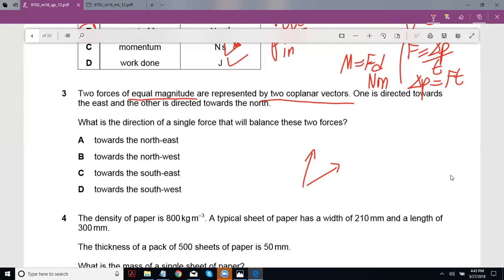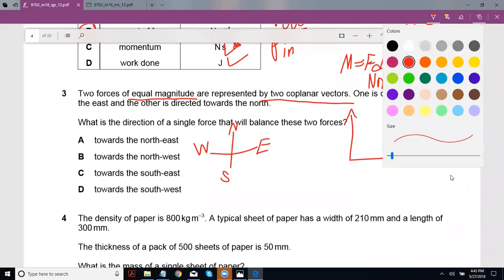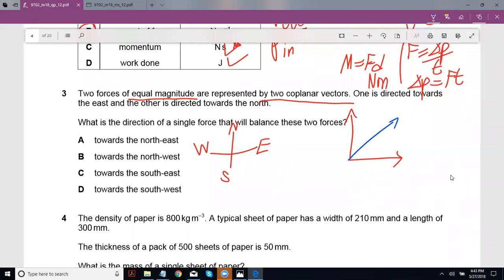They're just in the same plane. Okay. So one is directed towards the east and the other is directed towards the north. If we quickly make our compass, this is north, this is south. I used to remember this through V because I always used to get mixed up with west and east. So just remember it has to spell V. Anyhow, so one is directed towards east and the other towards north, which means your resultant would be something like this, making a 45-degree angle because they're of equal magnitude.